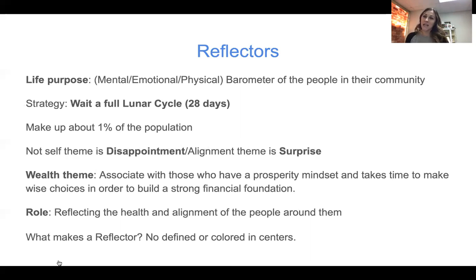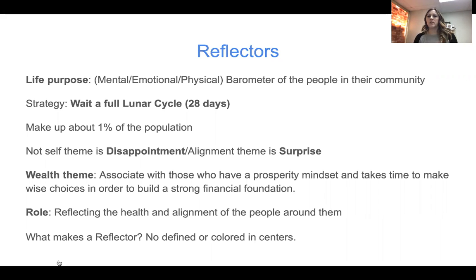They do have defined gates, but they don't have defined channels though, right, Holly? Mm-hmm. Yeah. No. So a defined channel is when two gates meet. So reflectors don't even have that. So they just have defined gates, and they're really, really open. And so they're taking in a lot of energy from the world around them. And that's what makes them that barometer, because they can gauge what's going on in the community. And so they will feel it.